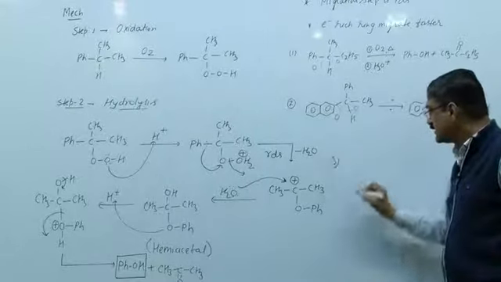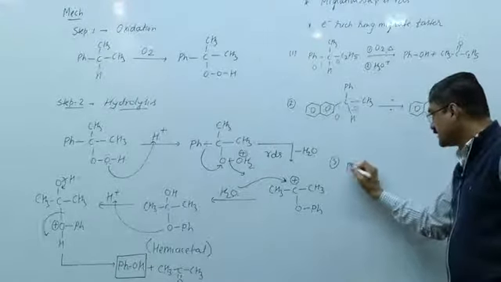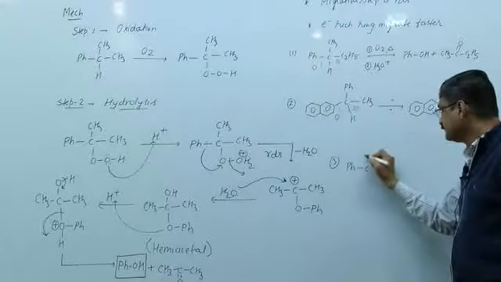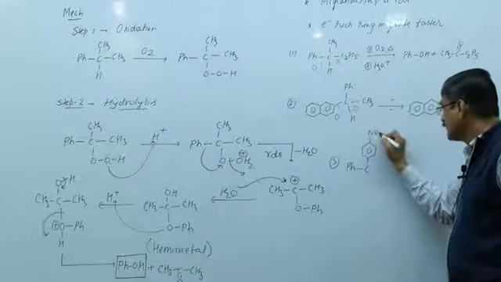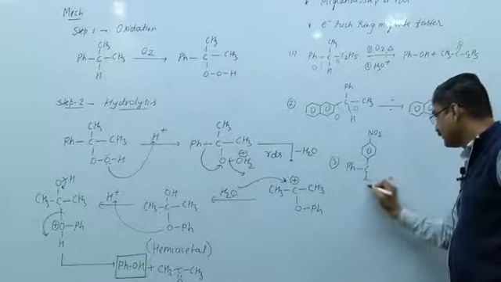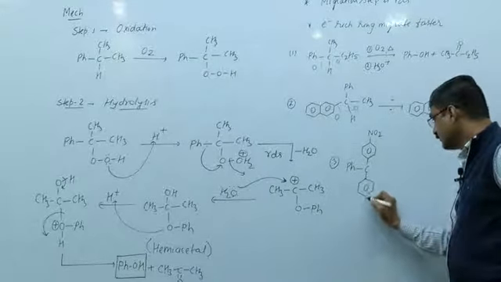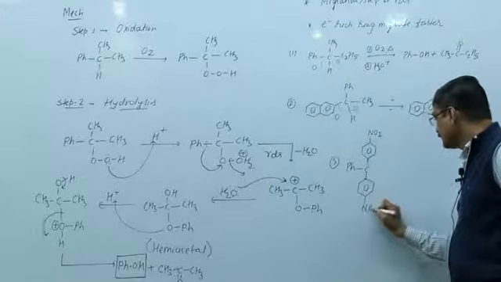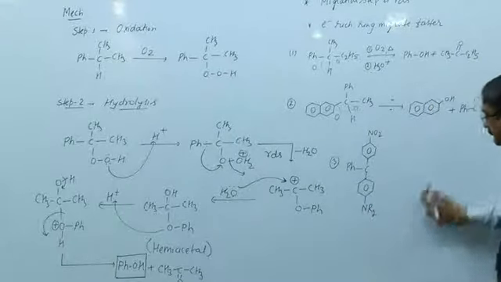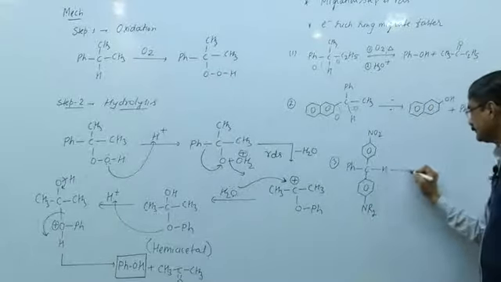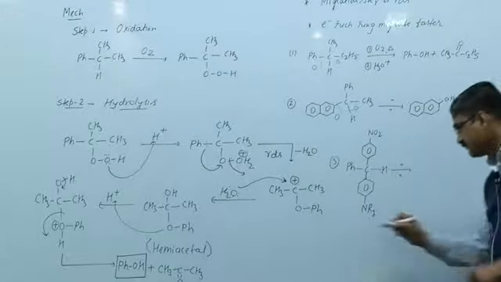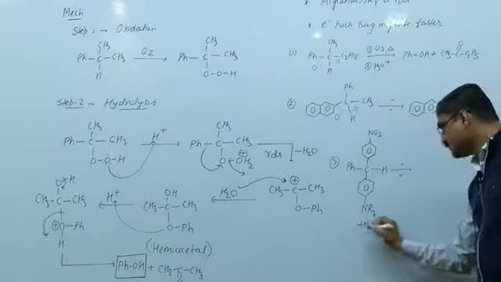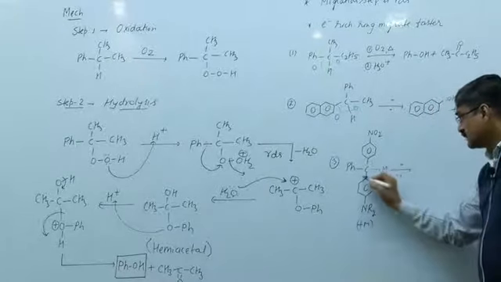Suppose I take three different rings. One is Ph, one is with a minus M group, one is with a plus M group. Then if the same reaction repeats, the migration order of this ring, because of the plus M effect, is good.